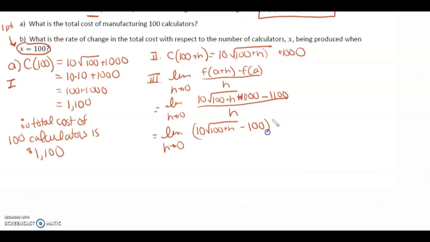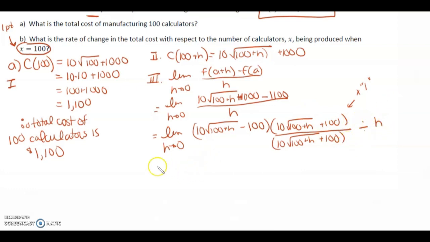So this we can bracket, keep it together so that we can just follow with our eyes. So 10 times root 100 plus h plus 100, and then that's going to be over 10 times root 100 plus h plus 100, right? Because this is just like multiplying by 1. It's not changing our equation, it's just making it look a little bit different. And then we're going to divide by h.